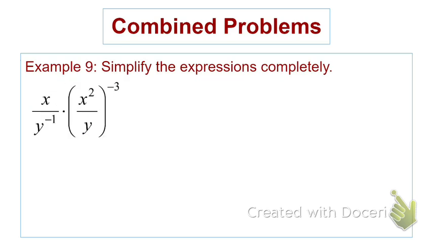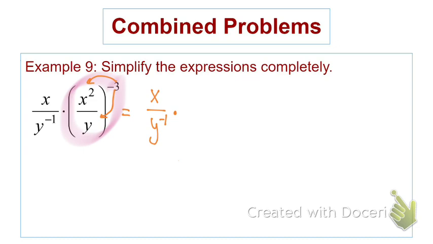All right, here's our next one. Usually for order of operations, we like to start with those parentheses, so we're going to go ahead and focus on this part of the problem that has parentheses first. So we're going to leave the part without parentheses alone for a while. And we're going to use this power of a quotient rule first, where we apply the exponent to each part first.